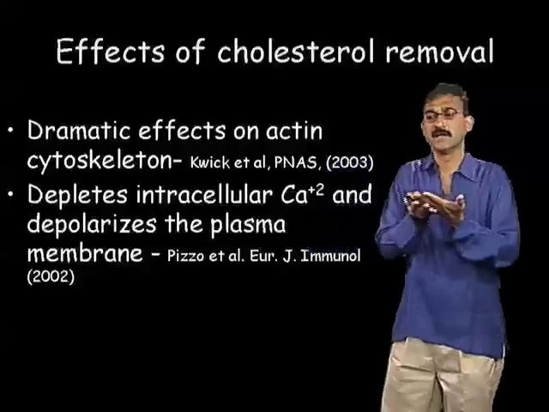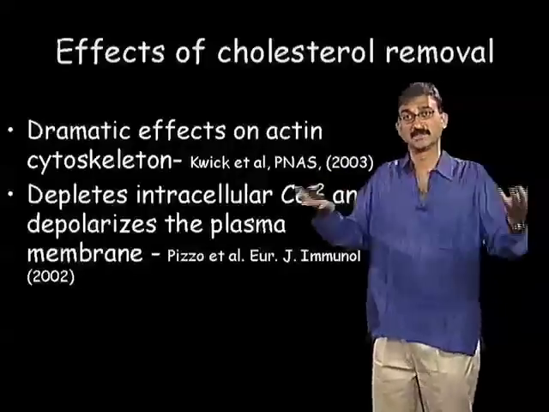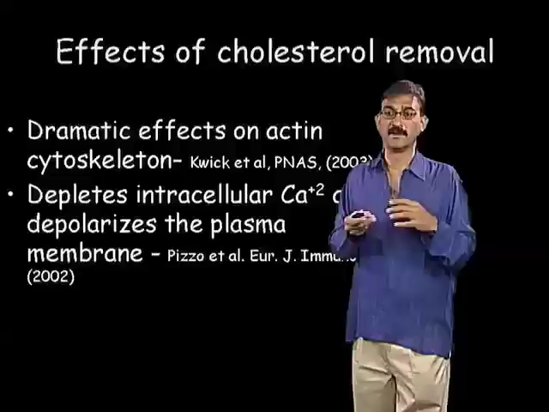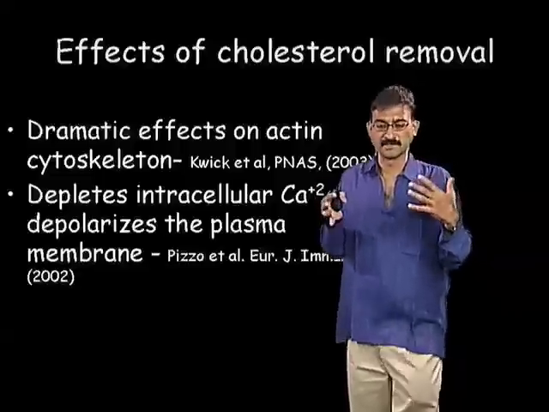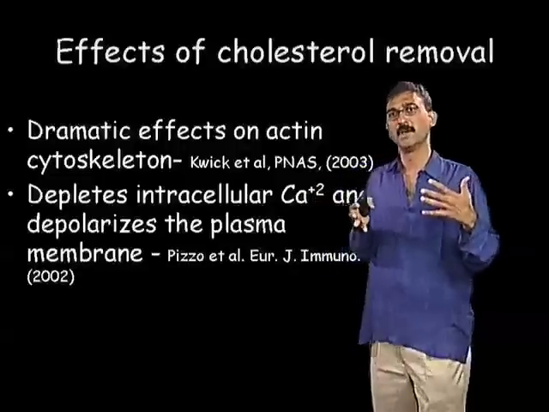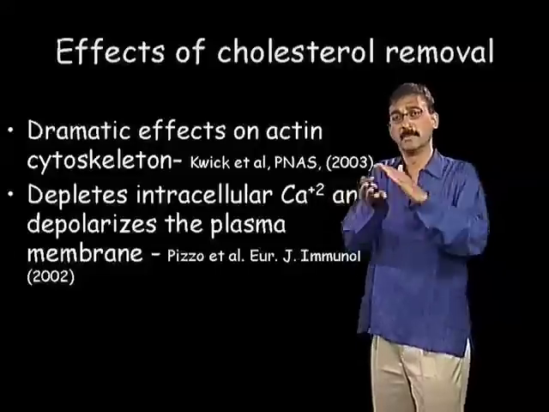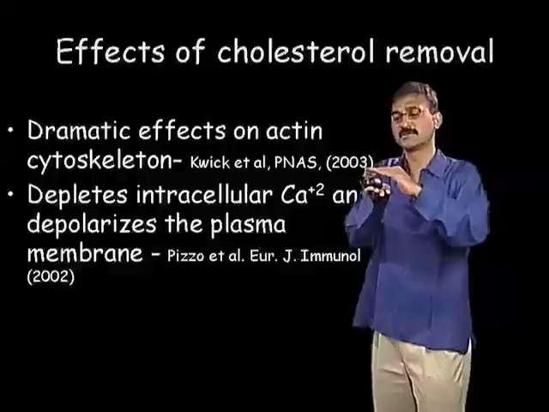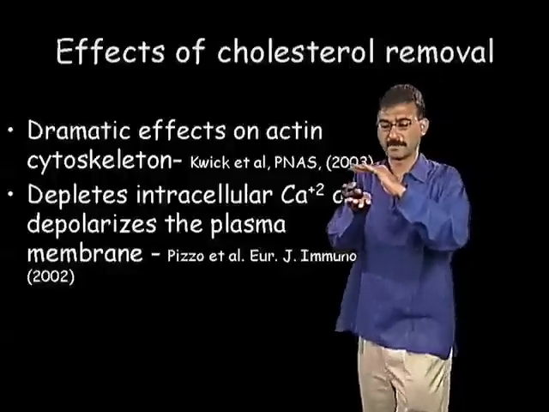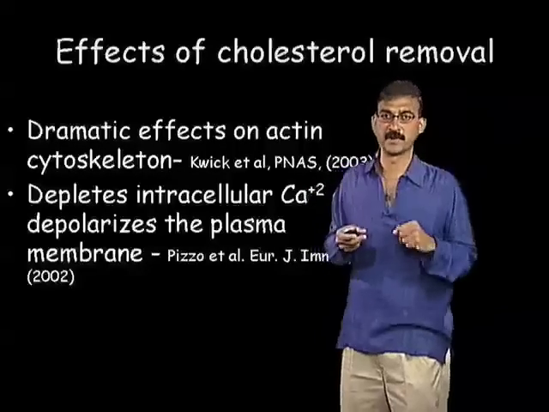In fact, the cortical actin that was present beneath the cell membrane was disrupted when cholesterol was taken away from the cell membrane. In fact, these PIPs, or phosphorylated phosphatidyl inositols, were selectively removed from the bilayer by means as yet not well understood when cholesterol was removed from cell membranes.